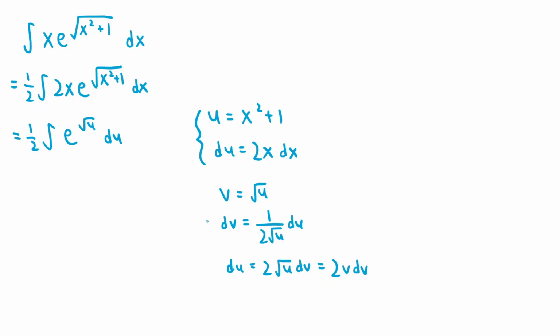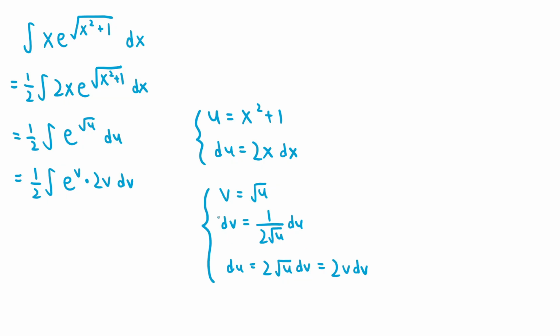If we substitute this into the integral, we end up with 1/2 times the integral of e to the v times 2v dv. Since the square root of u in the exponent is replaced by v, since we let v equal the square root of u, and du is replaced by 2v dv, since we just worked out that du equals 2v dv.